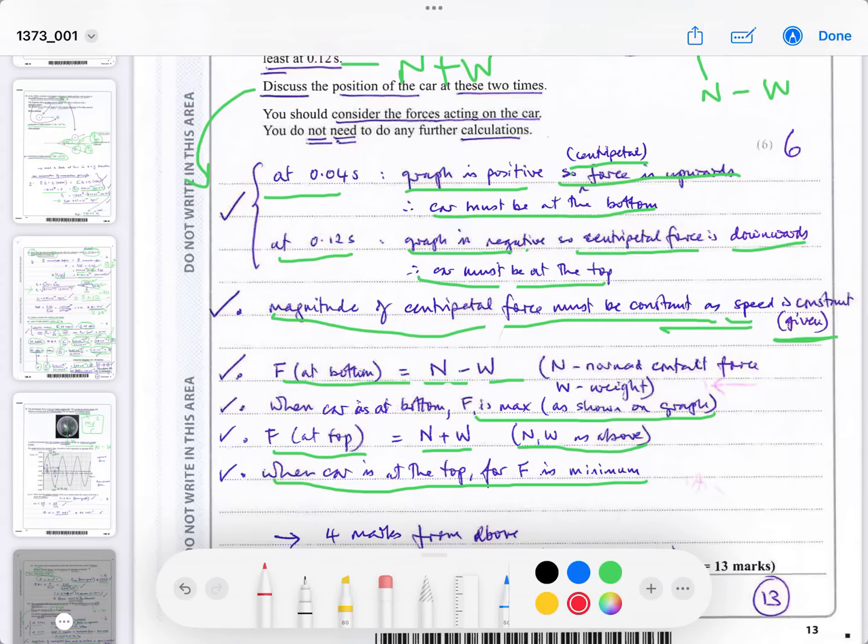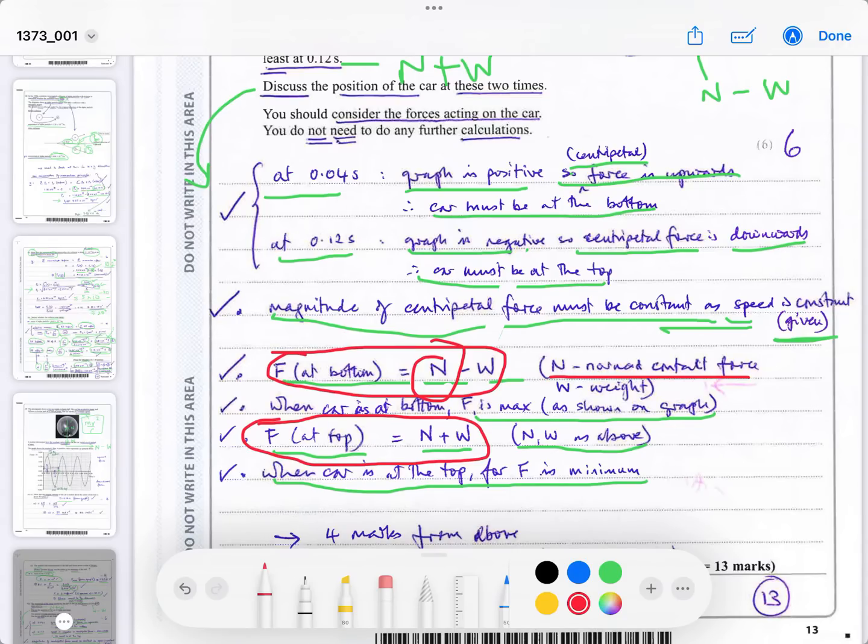So when you're talking about N, the normal contact force changes vertically at the top and the bottom, because F equals N plus W at the top, and F equals N minus W at the bottom. F and W don't change, but N does.